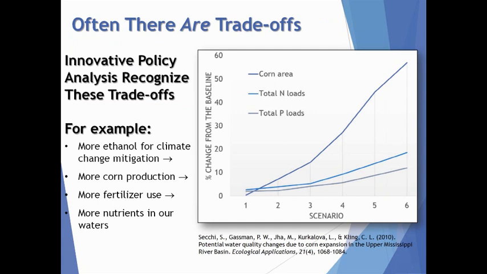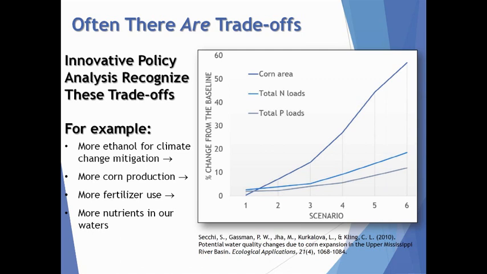On the other hand, as Dr. Braden introduced in the previous slides, we have policies such as our biofuel policy that have increased corn area, in part to mitigate greenhouse gas emissions and substitute for fossil fuel emissions, and these have resulted in increases in nitrogen and phosphorus loads.